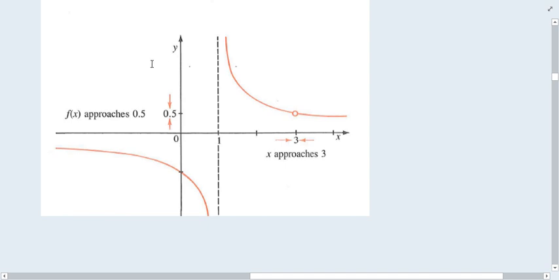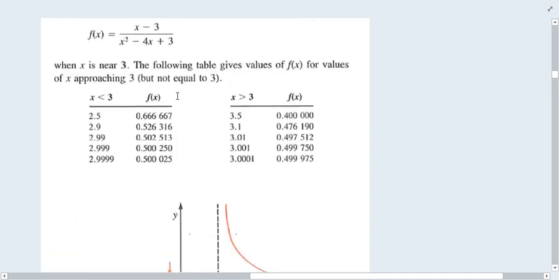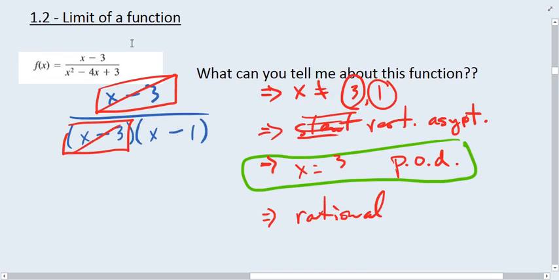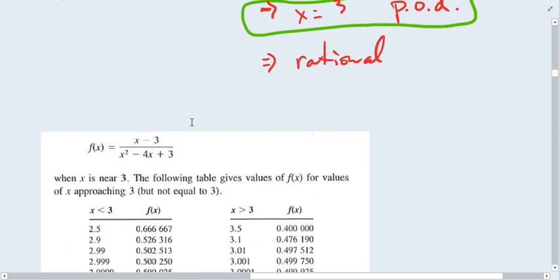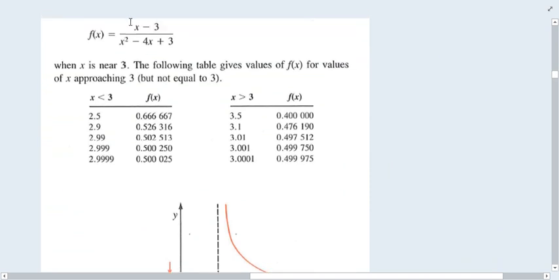So even though x equals 3 is not defined by the function, there is a limit. There is a value of the function if we take the limit of all of the values surrounding that x value. And so in this section, 1.2, we're trying to explain what a limit of a function is.